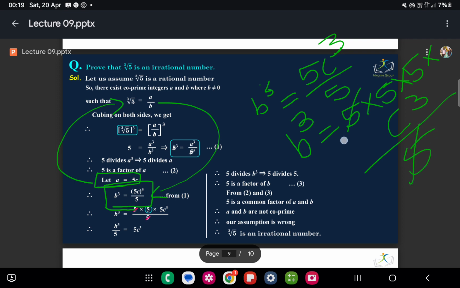Here this 5 and this 5 will cancel. 5 into 5 is 25.